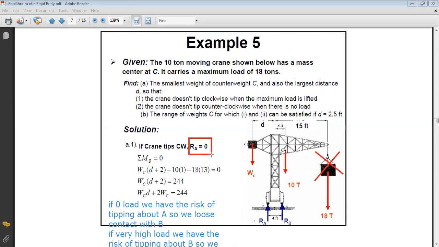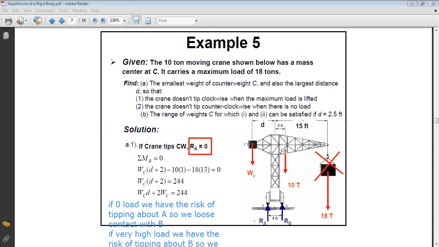And for this case, what are the forces acting on my system? I have the reaction at B. I have the weight, the counterweight here. I have the weight of the structure, and I have the weight of my load. Now if I want to find a design for D and WC, I will write sum of moments about B because my only unknown here, RB, is not known, and all other forces are known.